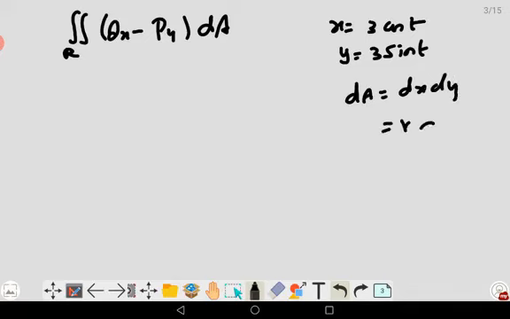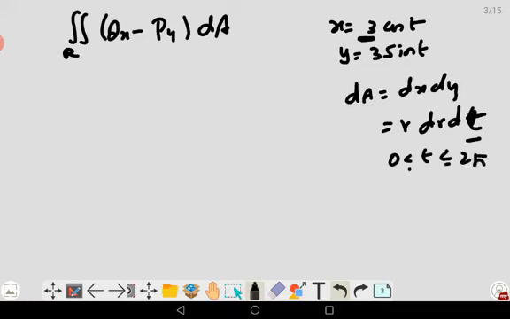It will be r dr dθ, isn't it? And you should remember this is not θ, it is t, r dr dt. R is given, the limits of r and t, everything is given. Limit of r is 0 to 3 because x is equal to r cosine θ, isn't it? Limit of t is 0 less than or equal to t less than or equal to 2π.